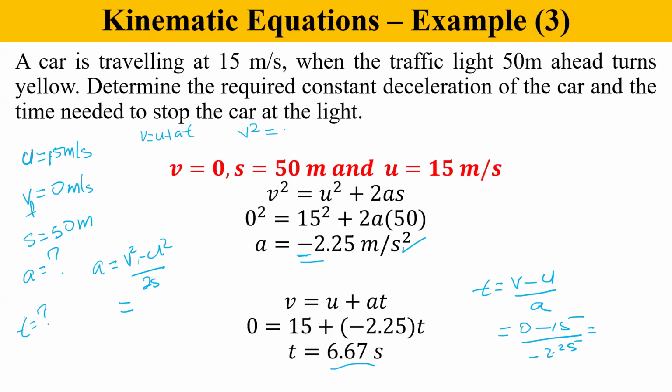So V squared is equal to U squared plus 2AS, right? And then you have your displacement is UT plus half AT squared. But when you look at these, you typically would know that for this one, firstly, you have no time, but this will give you acceleration. After you get acceleration, you can go to this one.